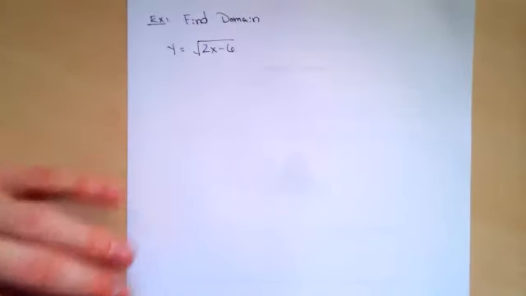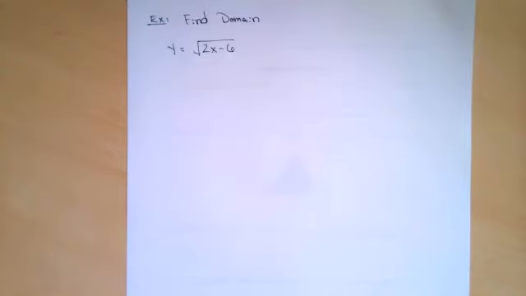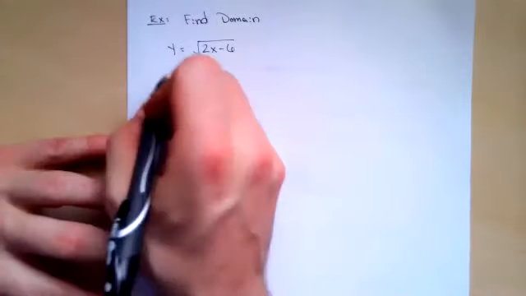Well, I now have some operations that we've got to be careful about. Our function says take a number, multiply by 2, subtract 6, and then take a square root of all that. It's that square root operation, the last operation we perform, that could be a problem because we cannot take a square root of a negative number.